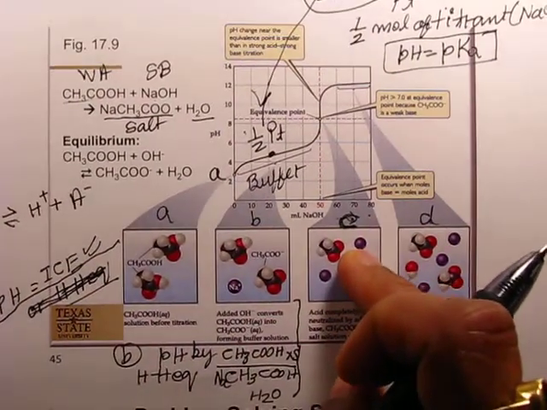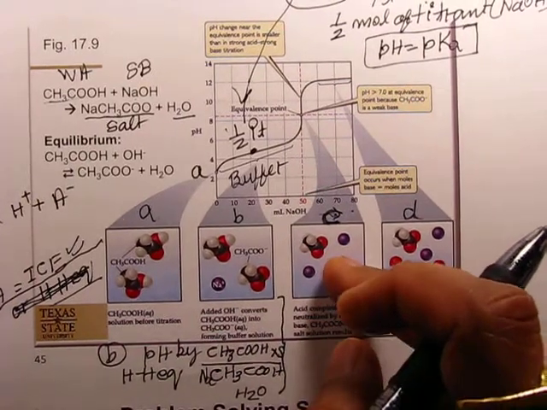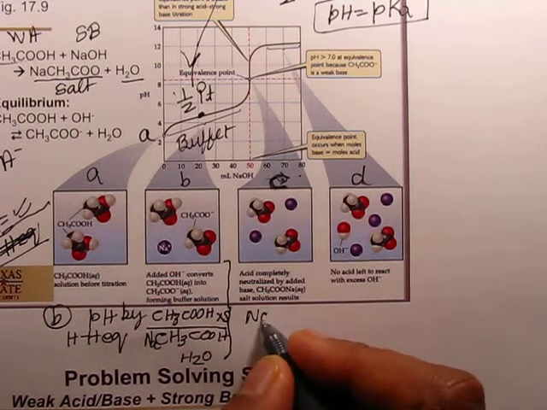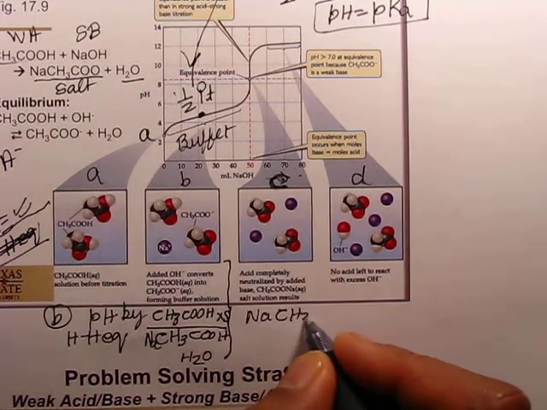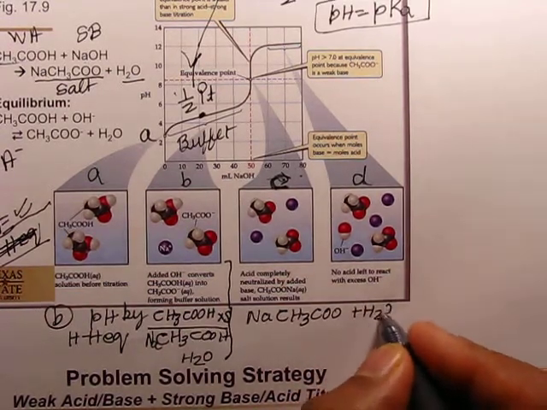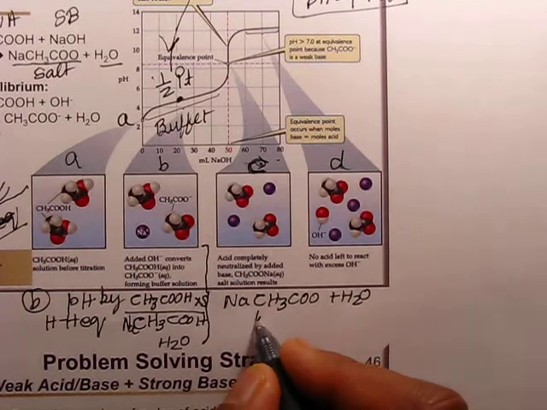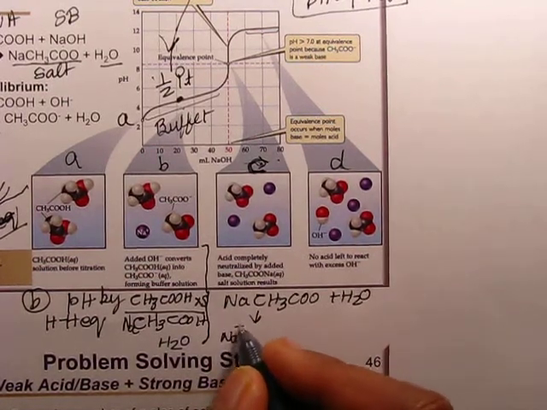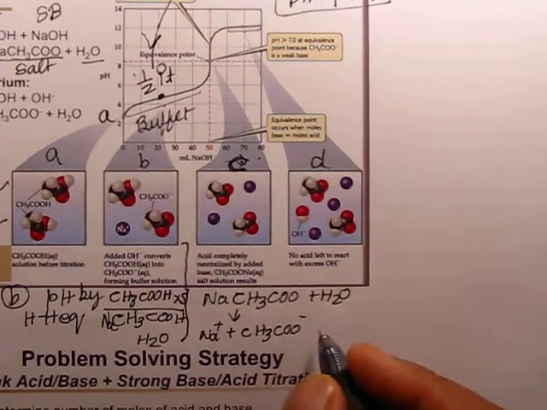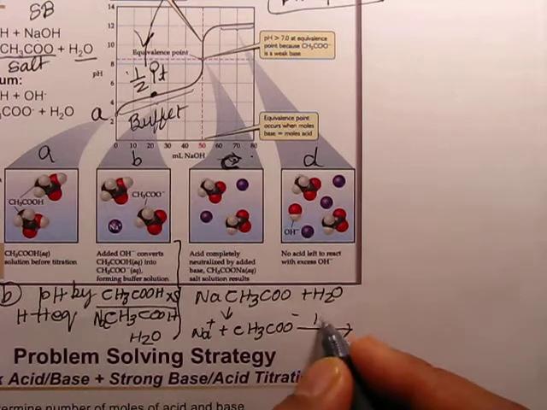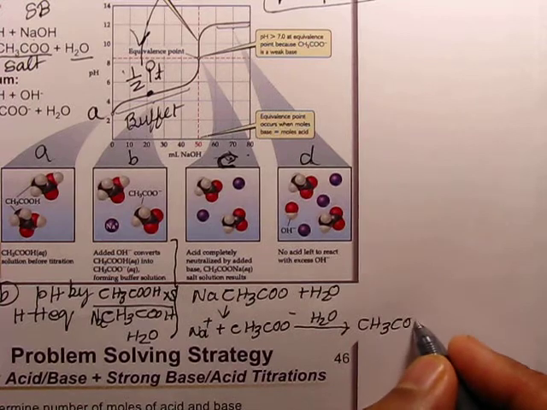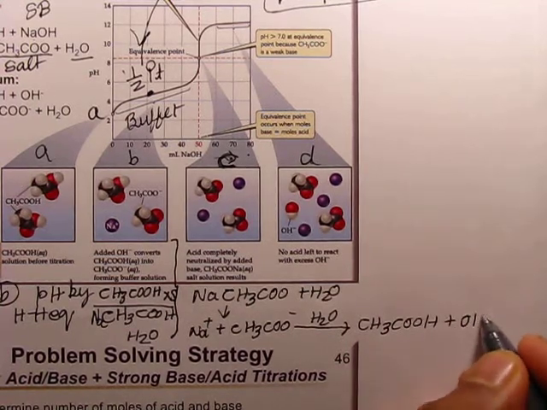Let's talk about the equivalence point, the C point. What do we have here? We have only sodium acetate, CH3COONa, plus water, and sodium acetate will dissociate 100%. It will form sodium ion plus acetate ion, CH3COO minus, and the acetate ion will react with the water to form acetic acid plus OH minus.